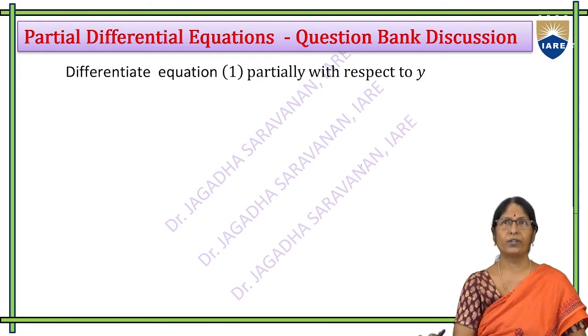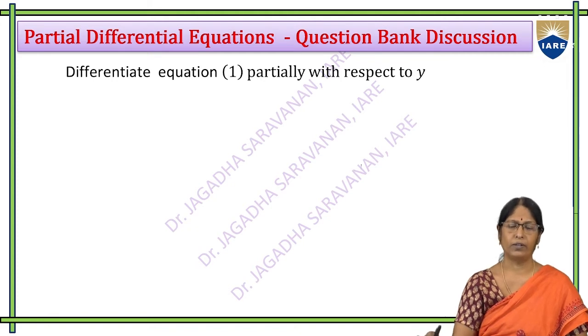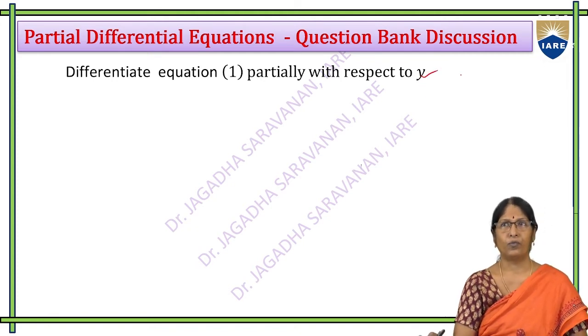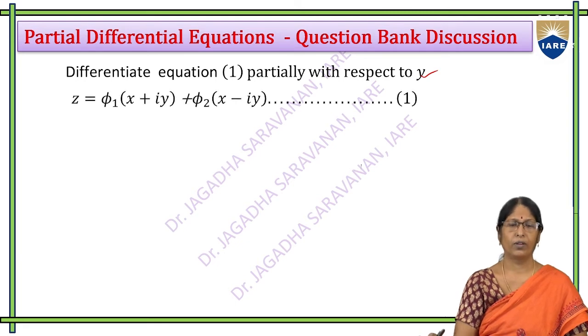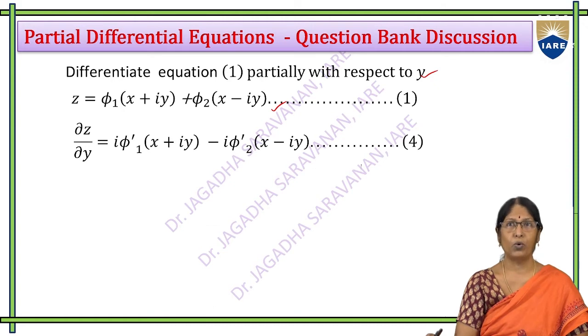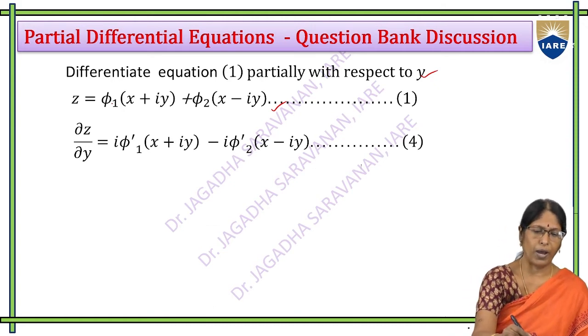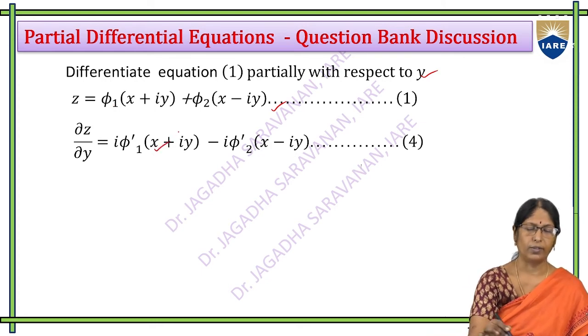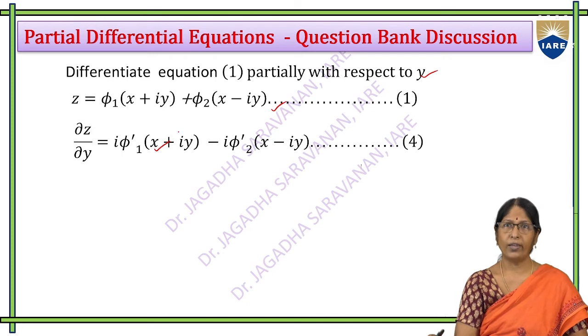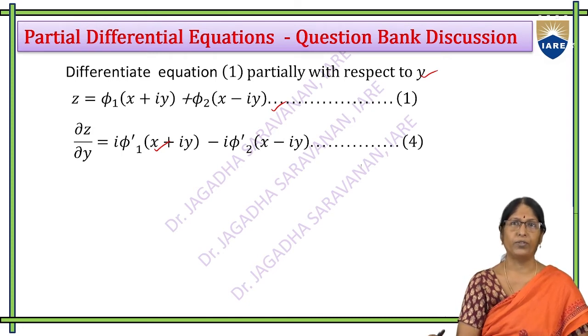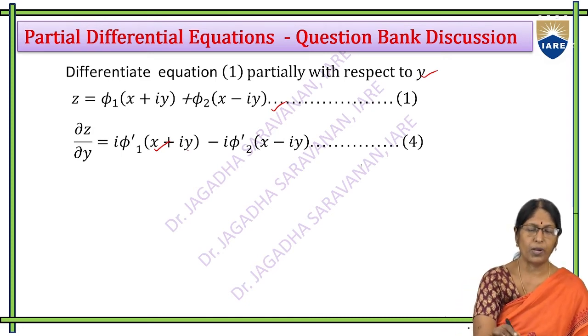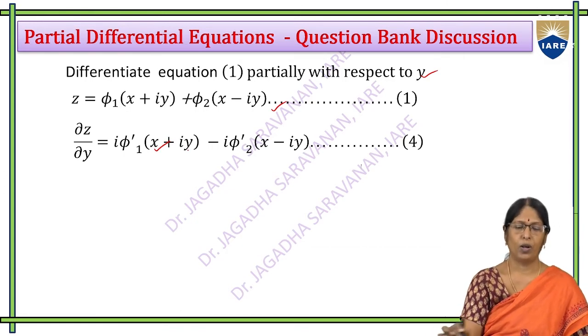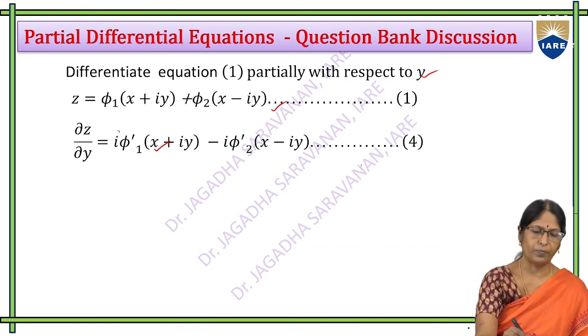Now, so far, the treatment we have given for x, in the same similar manner we will do for the variable y. Dou z by dou y we are doing. The differentiation of phi1 is phi1 dash of that term, where phi1 is defined as x plus iy, in which the y differentiation is i.